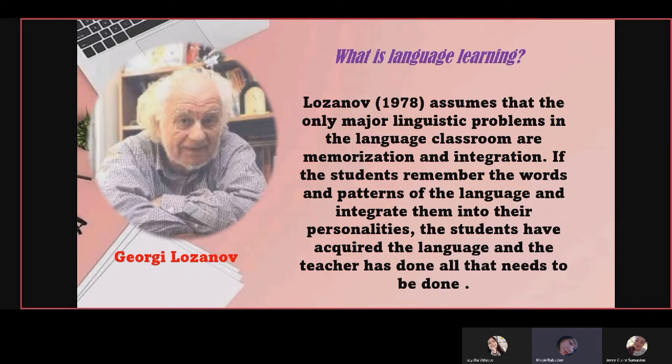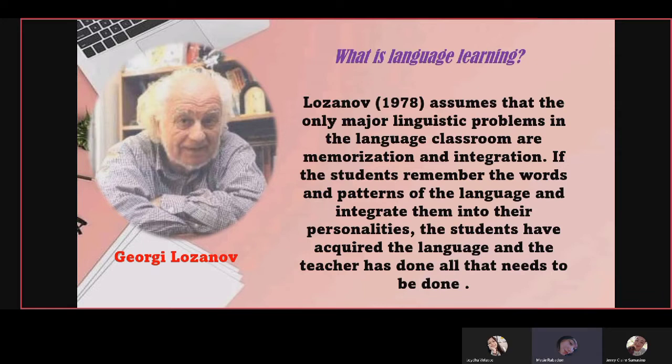This method was based on the power of suggestion in learning. The positive suggestion makes the learner more receptive and in return stimulates learning. Lozanov holds that a relaxed but focused state is the optimum state for learning.